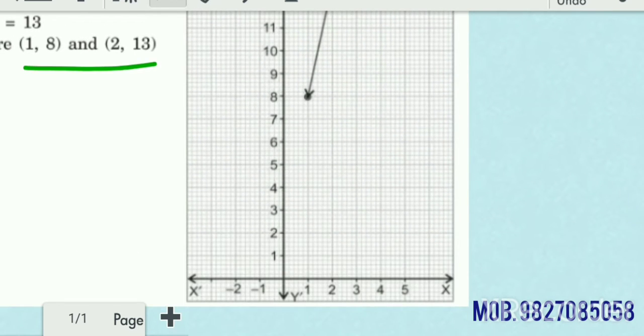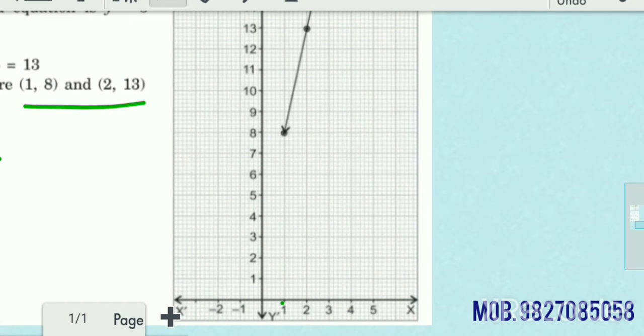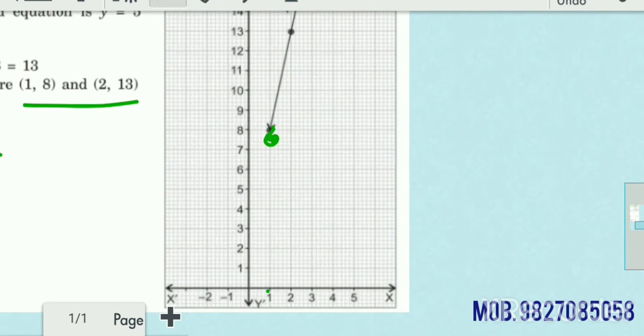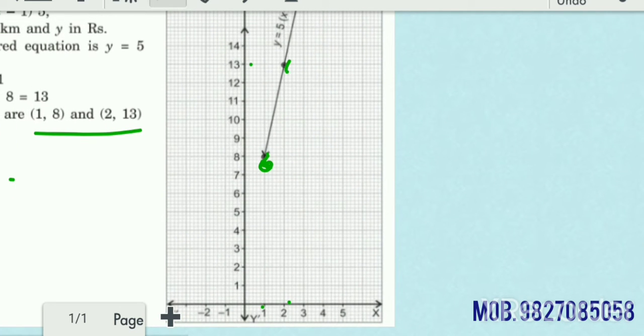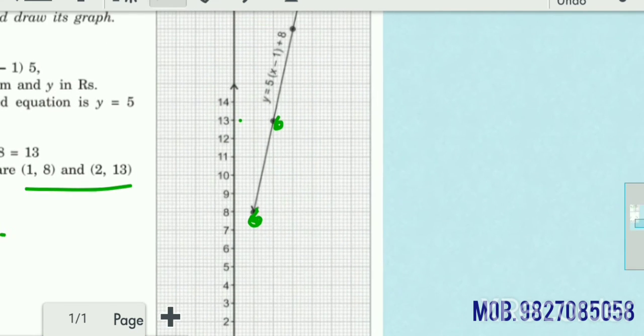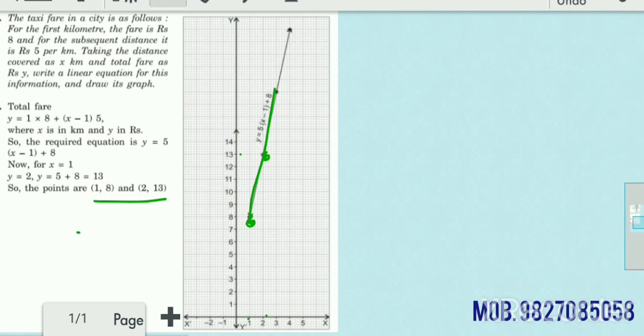So this is 1 and this is 8, so this is our required point. Now for the second, x is equal to 2 and y is equal to 13. 13 is here, so this is our second point. Join the line, so we get the solution of the given situation.